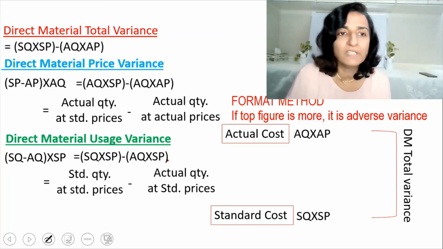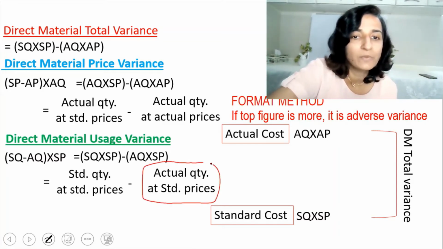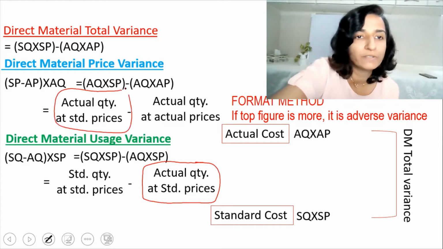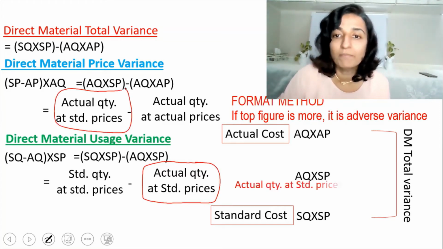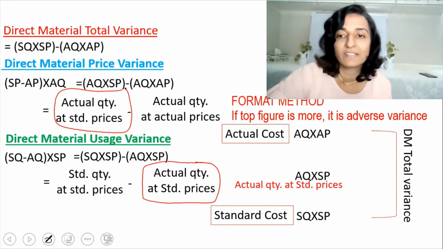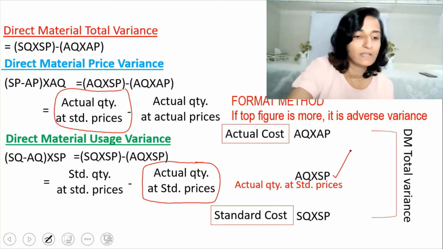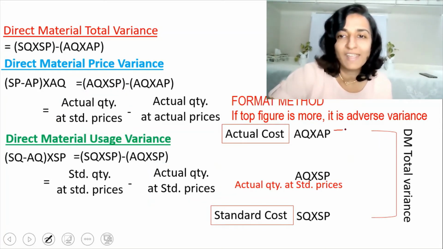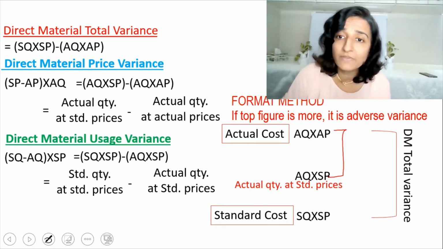Now, if you observe these two formulas, this actual quantity at standard prices is common for both, correct? So I'm going to just write that in the middle of our format. That is actual quantity at standard prices. That is actual quantity into standard price. Now look at this. What we have here is the formula of direct material price variance.